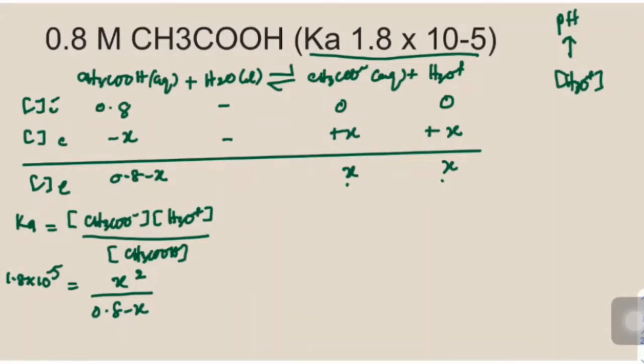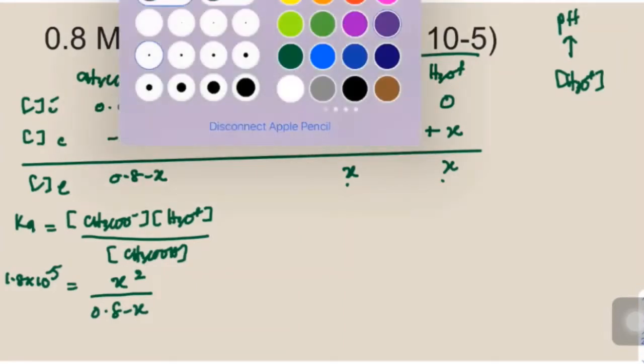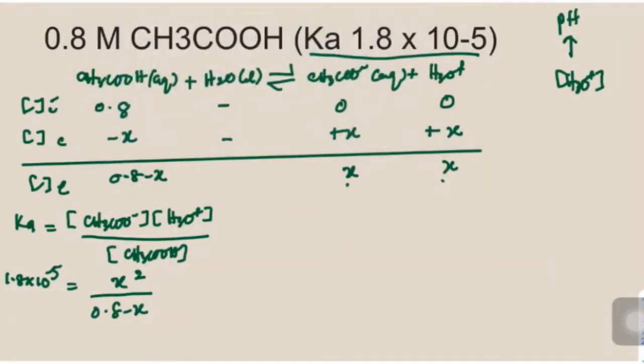So to solve X, by looking at the Ka value, we know that we have 10 to the power of negative 5 and it is considered a small Ka value. So we can make an assumption in order for us to simplify our calculation. So the assumption: since Ka is too small, 0.8 minus X is almost equal to 0.8.